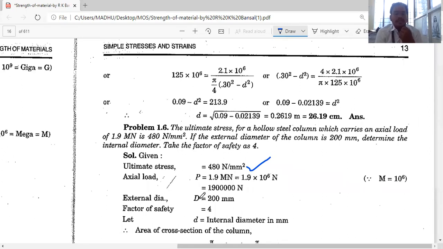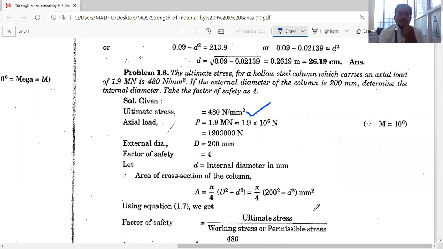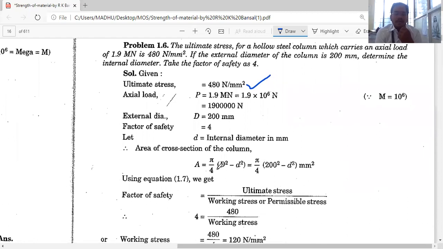Now external diameter 200 mm, factor of safety is 4, internal diameter is small d. Area is given by pi by 4, capital D square minus small d square. So 200 square minus d square, it is mm square because it is area.